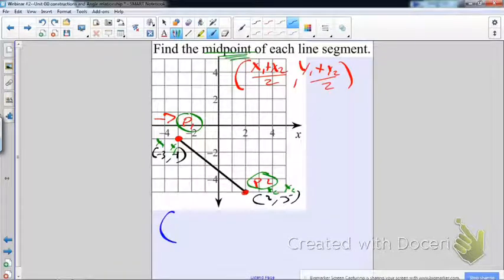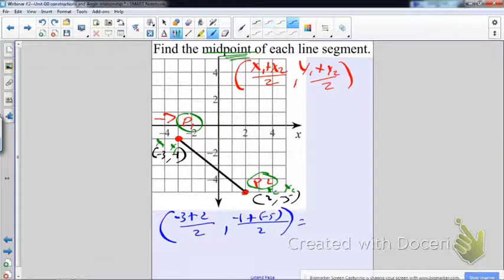So it says x1, which is -3, plus my x2, which is 2, and then I'm going to divide that by 2, comma, and then I'm going to take y1, which in this case is -1, and add my y2, which is -5, and then divide by 2. And then I'm just going to simplify after that.